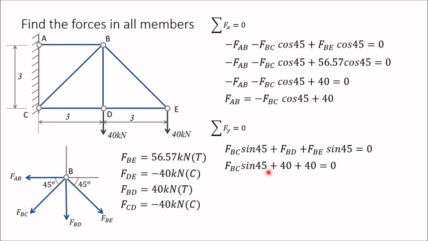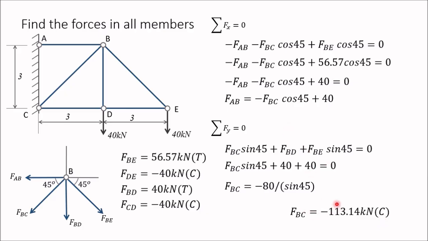So FBC sine 45 plus 40 plus 40 is equal to 0. Solve this and you will get FBC as minus 80 divided by sine 45, that is minus 113.14 kilonewton, and minus sign again indicates a compression member.